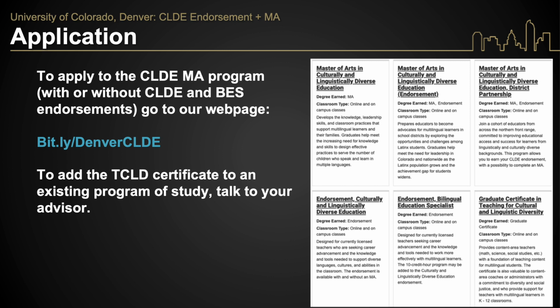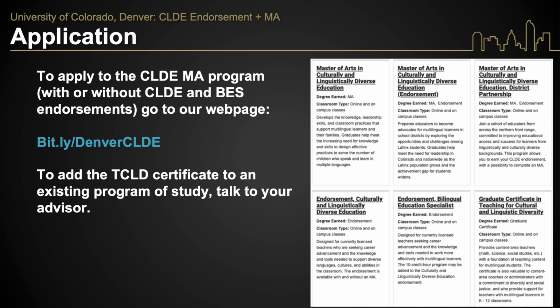In terms of the application process, we'd like to try to make it as smooth as we can. We do have to follow the graduate school application process that all degrees do. I think it's the same one that you would do for the curriculum instruction MA. So you'd go to our graduate school webpage, you go specifically to the CLDE webpage, and you want to check one of these boxes for the different endorsements.